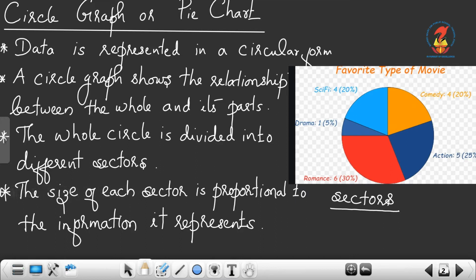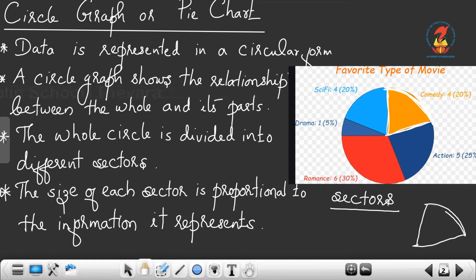A sector is a region in the interior of the circle bounded by an arc on one side and a pair of radii on the other two sides. So two radii and an arc, that part we can call a sector.